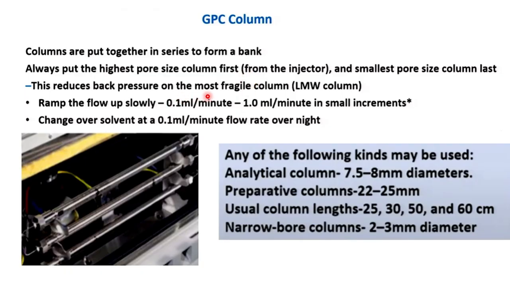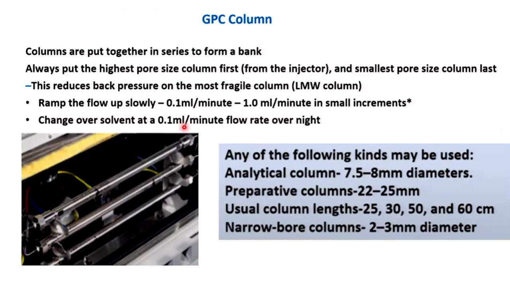This reduces back pressure on the most fragile column, so you can avoid breakdown of the column, because it has a maximum pressure it can withstand. Ramp the flow up slowly, from 0.1 ml per minute to 1 ml per minute in small increments.